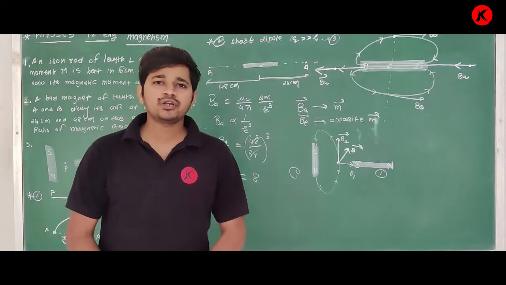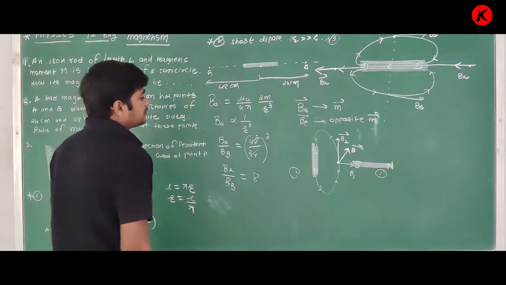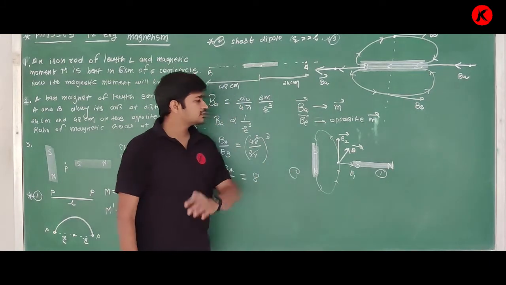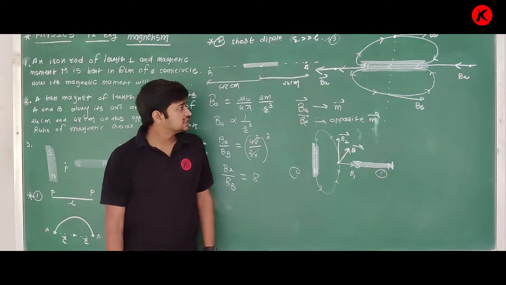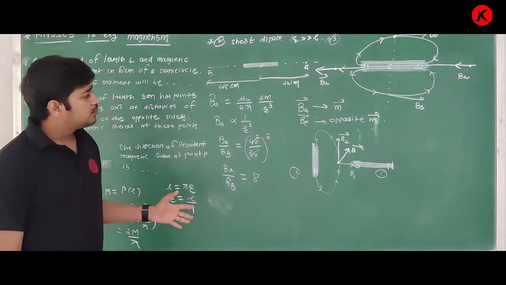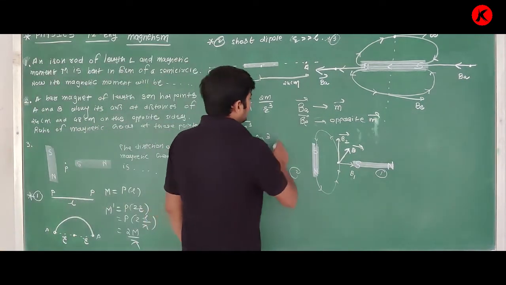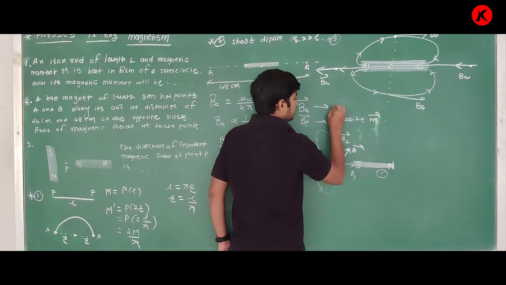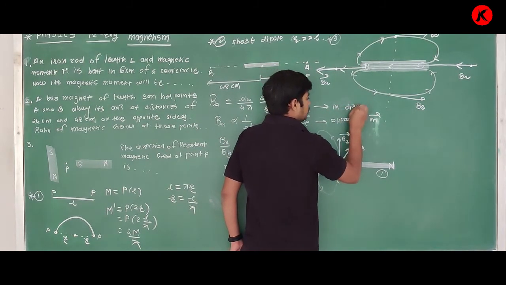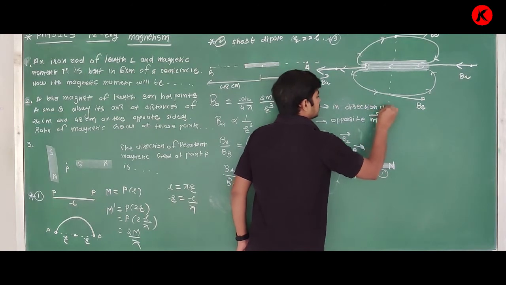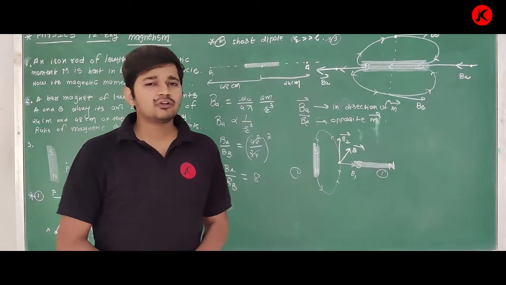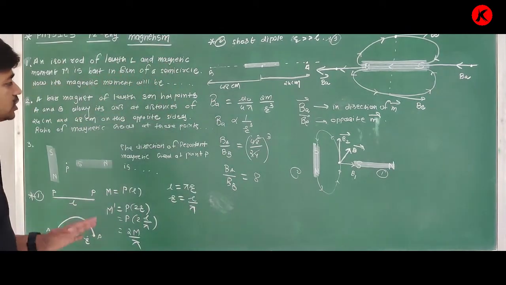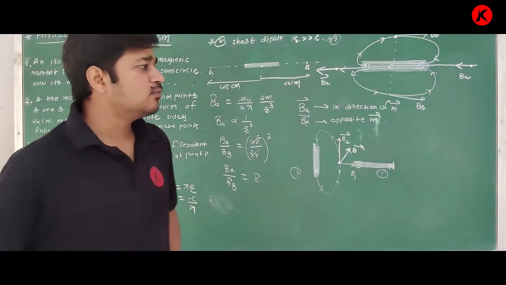So you have to find only this: in which direction is the resultant magnetic field? Clear? You have to remember this direction. The magnetic field on the axis is in the direction of magnetic moment M, and BE, the magnetic field on the equator, is in the opposite direction of the magnetic moment.